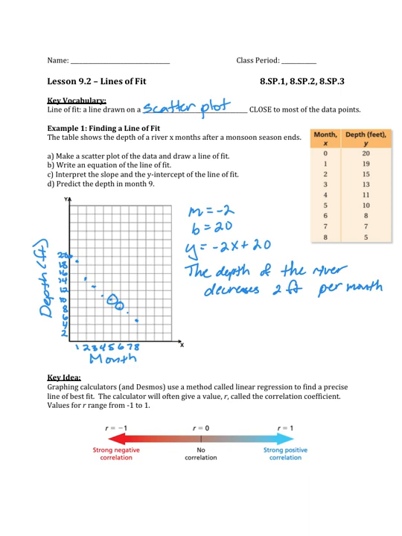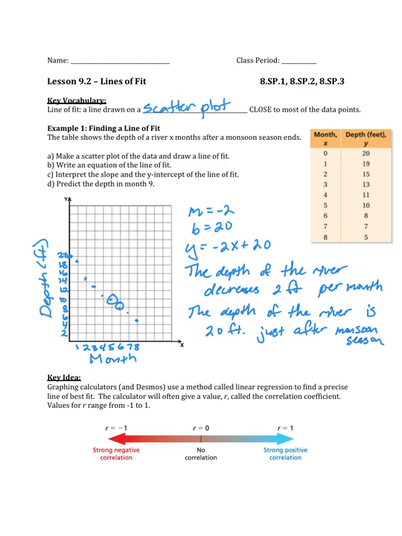And the b equals 20 means that the depth of the river is 20 feet just after monsoon season. So before it starts decreasing, that highest point is at 20 feet.